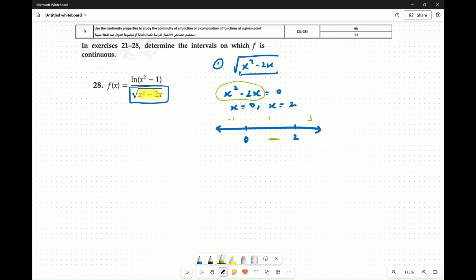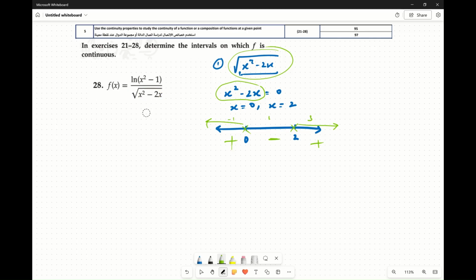If I were to substitute 3, 3 squared minus 2 times 3, that will give me positive. If I were to substitute minus 1, that will give me also positive. So this means that this is continuous anywhere greater than 2 and anywhere less than 0, not including the 0 and the 2, because now this is in the denominator.